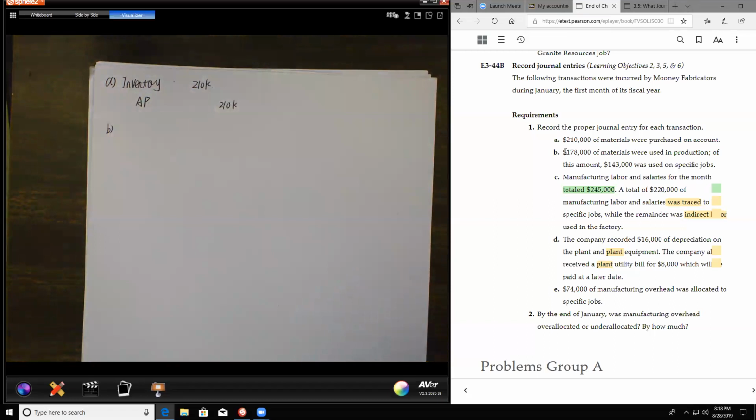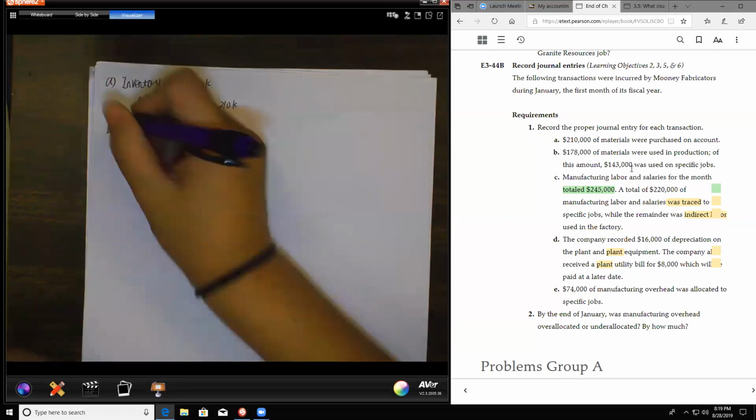And then the second one said part of 178,000 material were used, and then 143,000 for specific jobs. So when you say specific jobs, that means you can trace that.